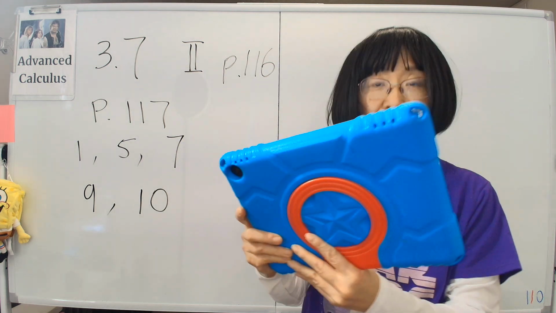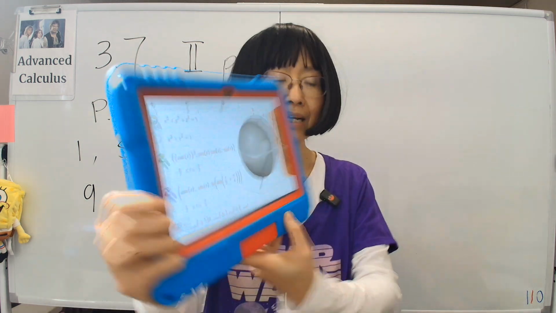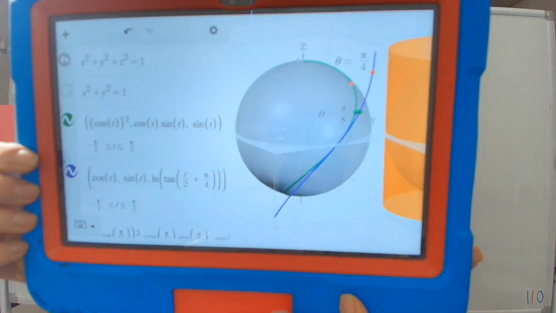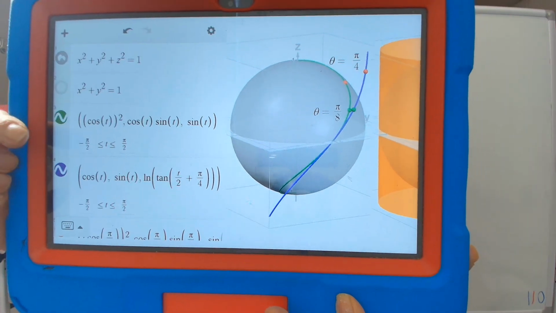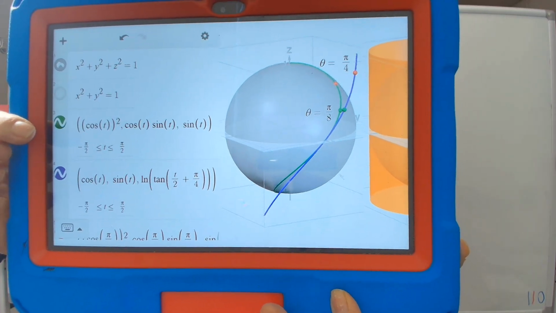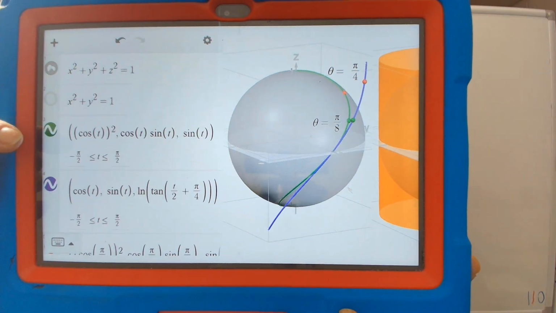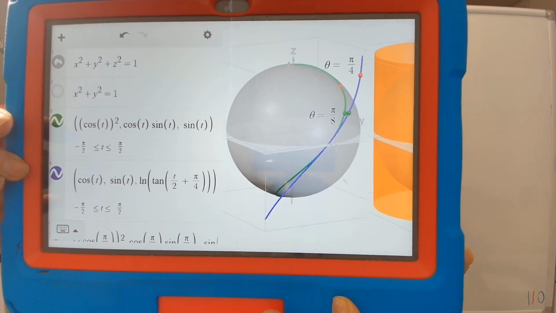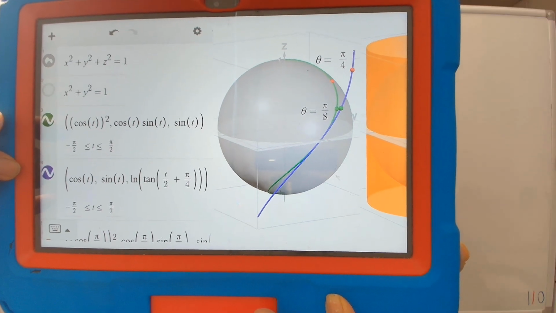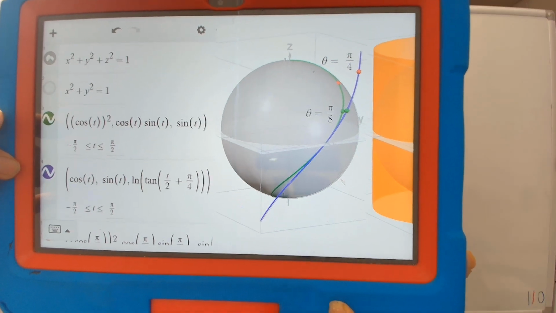To make sure that I got it right, I plotted this into the Desmos calculator. As you can see, here are the formulas I typed in. First, the green one is on the sphere, and then the purple one is on the cylinder, and I have 2 points on there to show you the transformation.